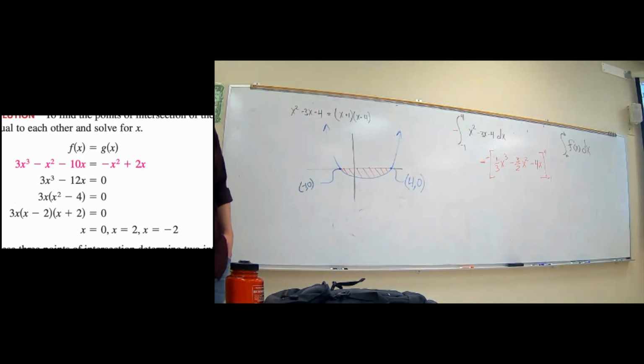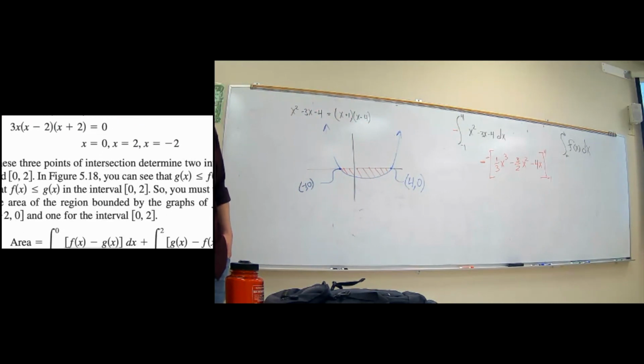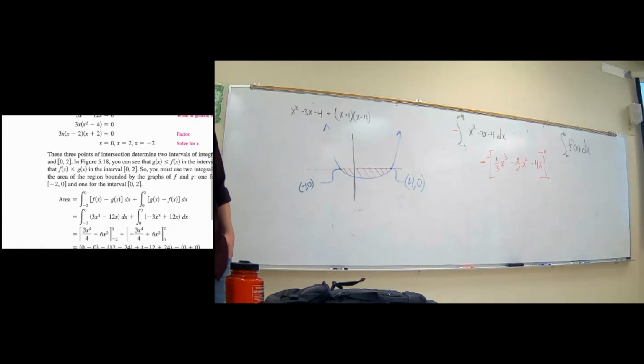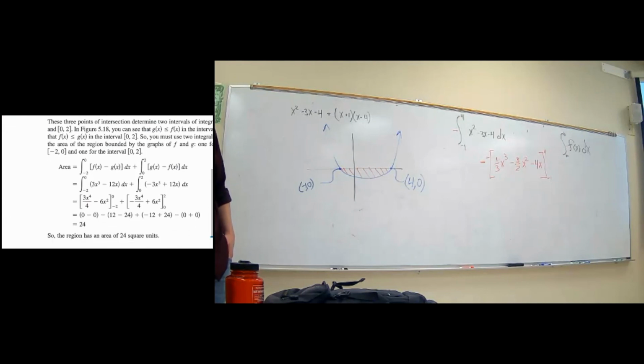And we break our integral up according to that. So from -2 to 0, we have f of x is larger than g of x. And from 0 to 2, we have that g of x is larger than f of x. We put all of this together and integrate, and we get our answer. Make sense?